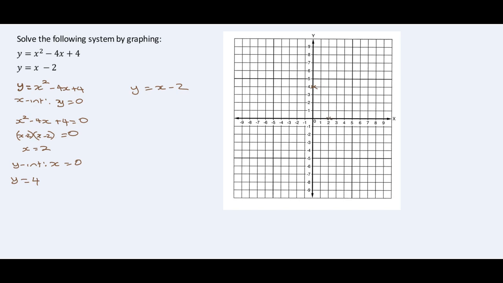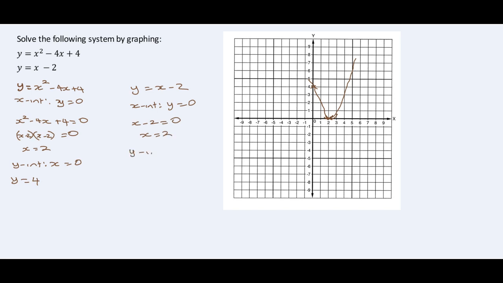So our graph is going to look something like this. This comes right about here and goes right there. And then let's look at the second graph. At the x-intercept, y equals 0, so we have x minus 2 equal to 0, so x equals 2.